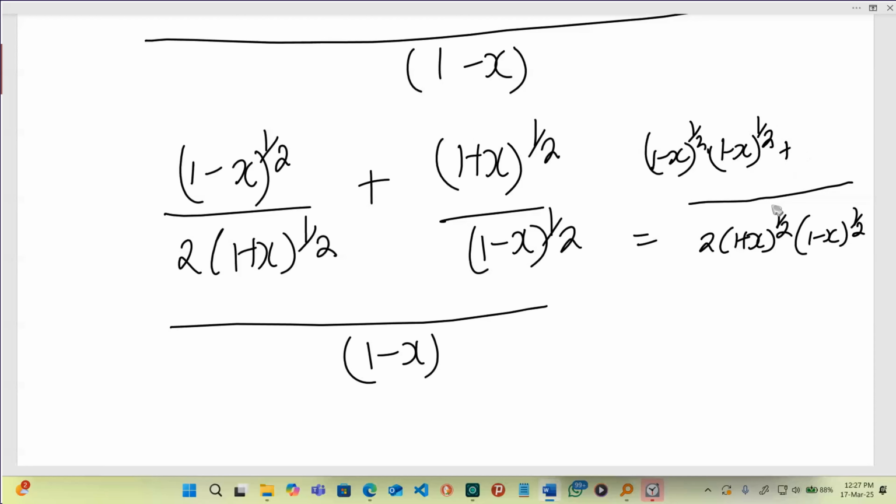Then we are adding this divided by this, and I'll have 2 times (1 plus x) to power a half times that. So I'll have 2 times (1 plus x), which is the same as that, power a half plus a half, and then divided by 1 minus x.